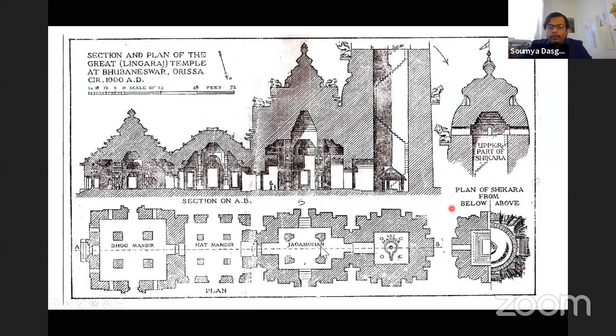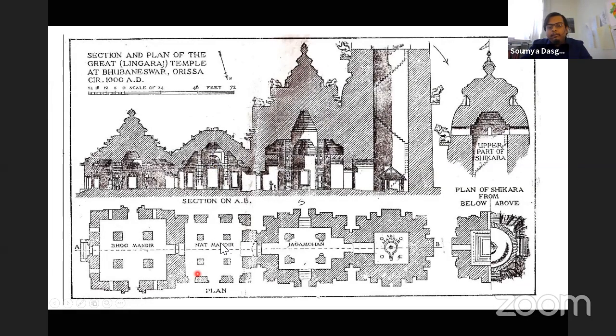Just to be clear here, the word mandir is being used for Nath mandir and Bhog mandir, but these are variations of languages in Orissa. If we want a coherent terminology, we would identify them as mandapas.